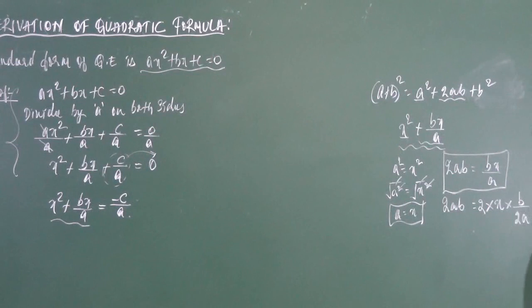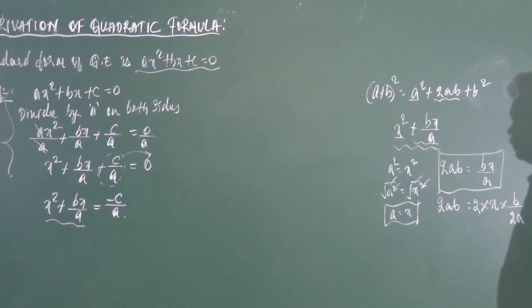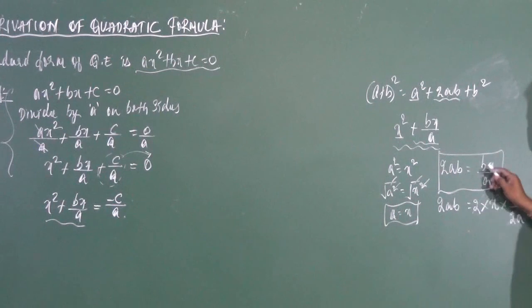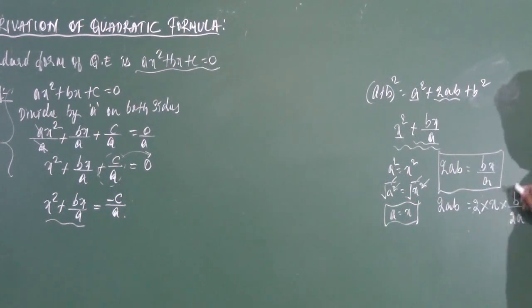Is this possible? b by 2a. So here 2 and 2 get cancelled, and you are left with b into x, bx by a. So instead of b in 2ab, I have got b by 2a, right?